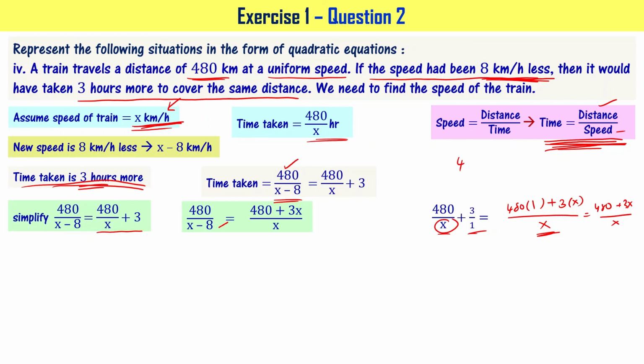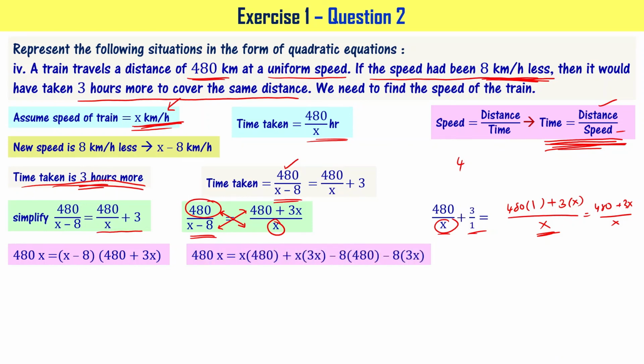Now let me cross multiply these two such that I can write the equation as 480 times x. This is cross multiplication of x with 480. That is going to be equal to x minus 8 times 480 plus 3x, right? Let us simplify this further such that I can write on right hand side x times 480 plus x times 3x minus 8 times 480 minus 8 times 3x, right?